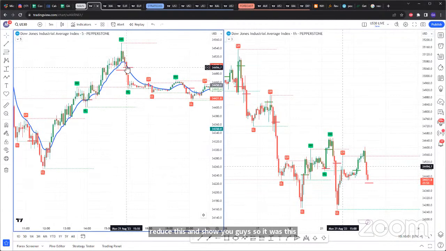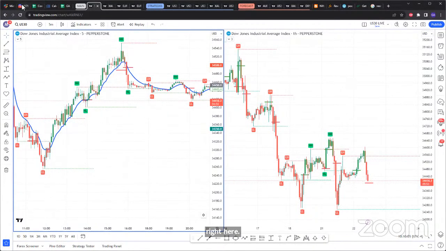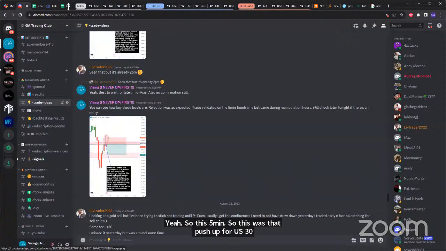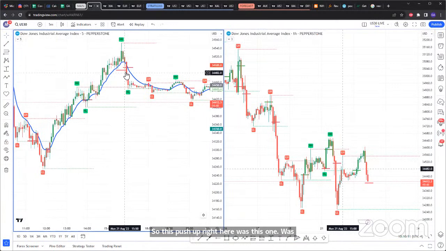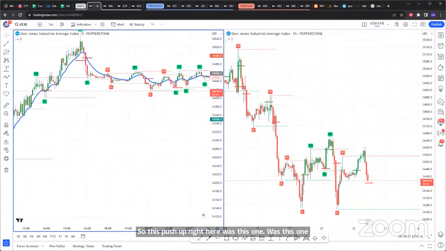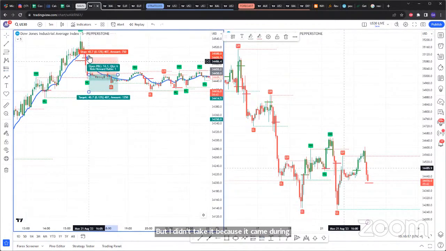So on this 5 minute, this was that push up for US30. You see that this hourly I showed you guys, this push up right here was this one. So this was the entry for the sell, but I didn't take it because it came during those manipulation hours.